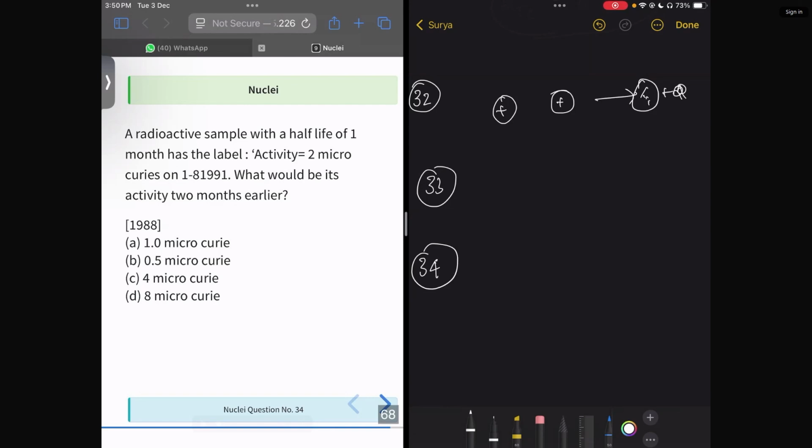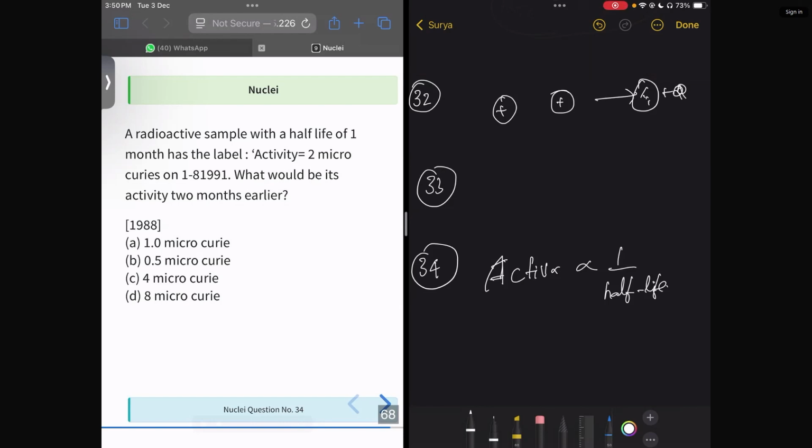Activity is equal to 2 microcuries. What would be the activity 2 months later? What will be the activity 2 months later, they are asking. In 2 half-lives, the activity becomes 1/4.